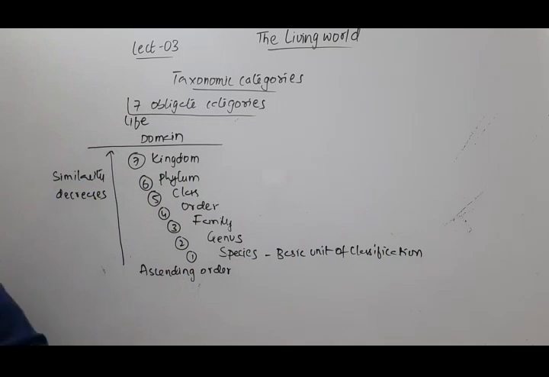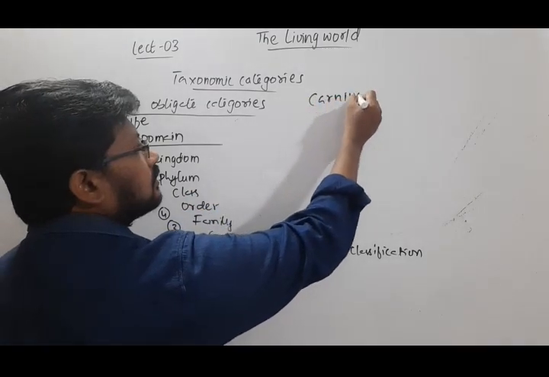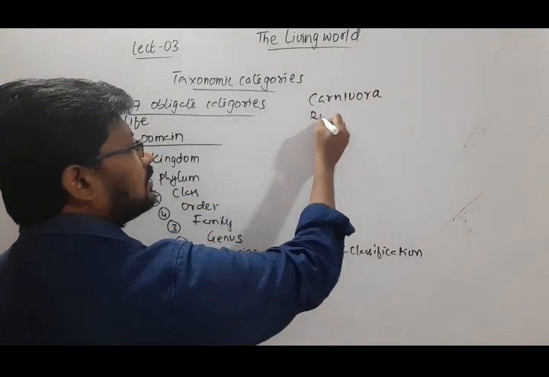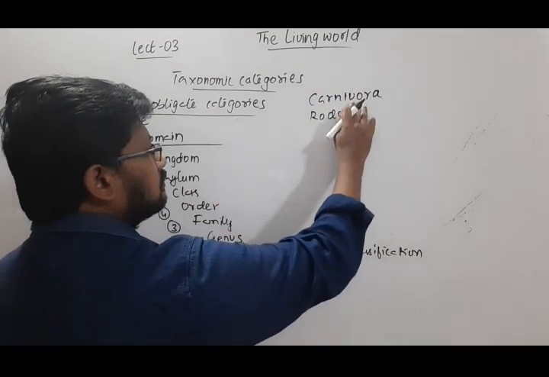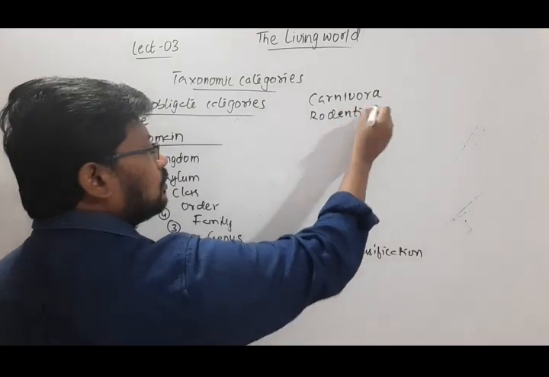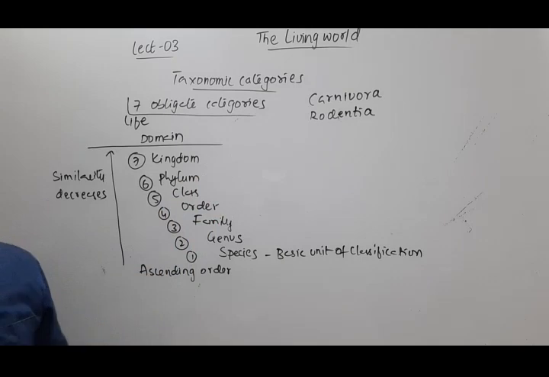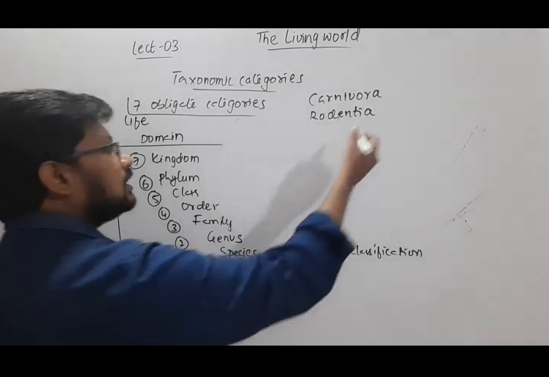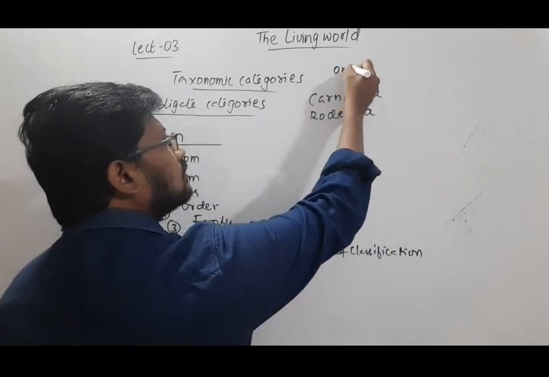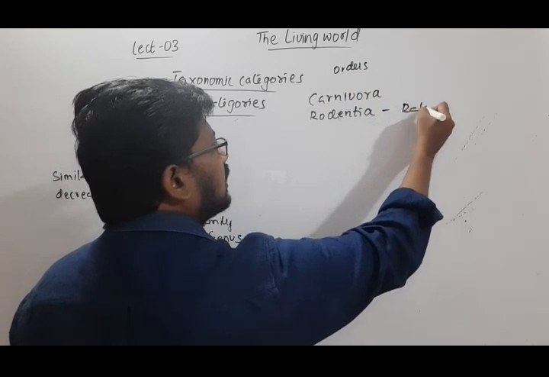We have seen orders like Carnivora, and another order called Rodentia. Just now we have seen about Carnivora. Rodentia includes rats. All these are orders.